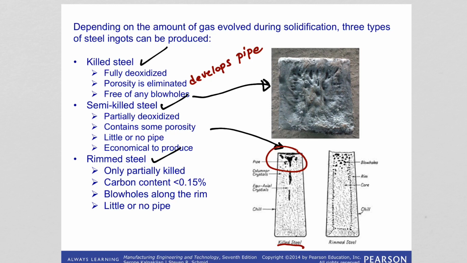So we can say there are porosities but no pipe formation. And it is economical to produce semi-killed steel. So, partially deoxidized steel.